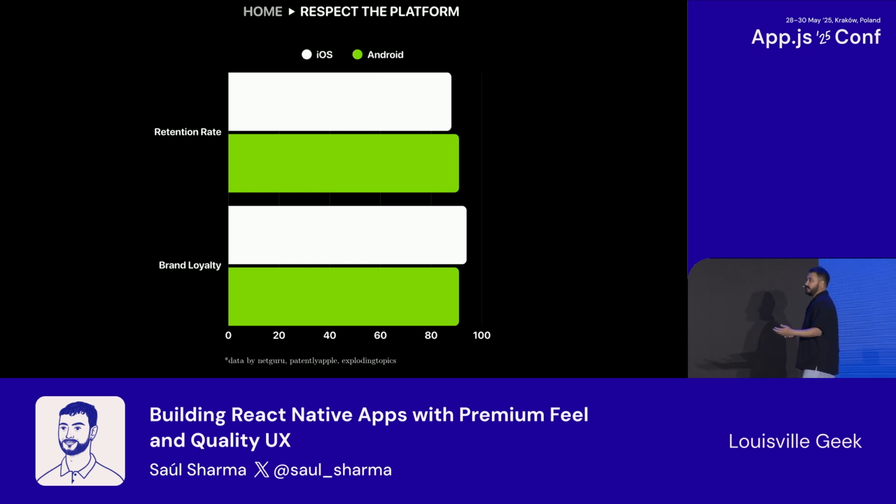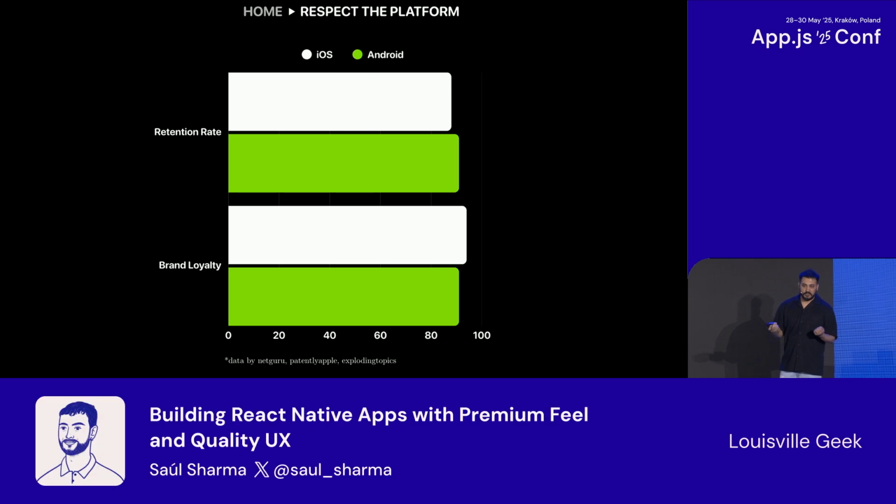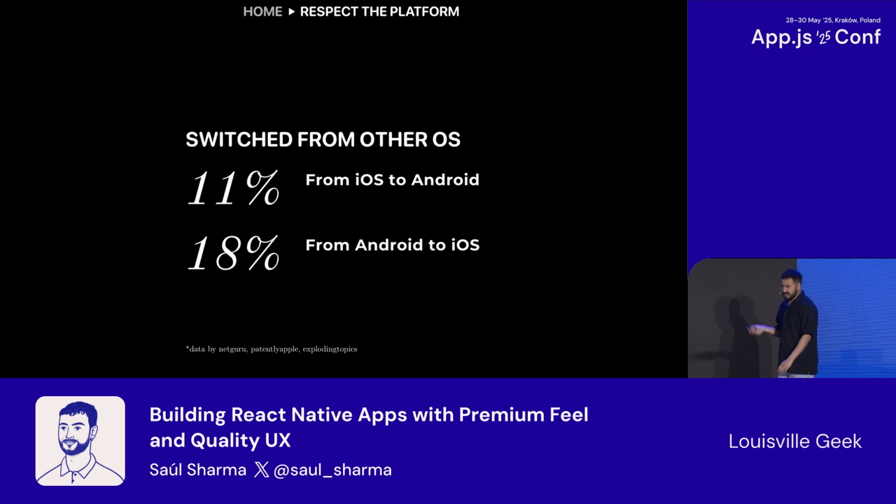As a developer, we might switch around our devices, but that doesn't mean your users frequently change their devices. It's very rare for a user to change the device and the platform, so the brand loyalty is as high as you can tell. And another chart, as I said, shows it's very rare for a user to change their platform. So we have to make sure we respect the platform.